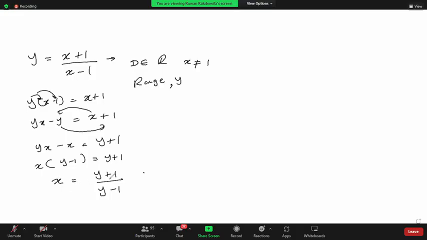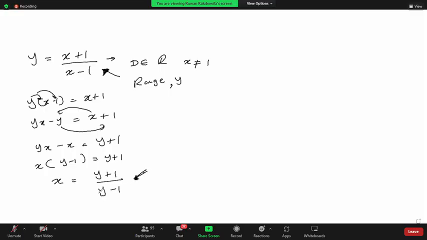Right. So we can do something special here. If someone asks the range of y for this function, instead of answering directly, here we can see we use the same function in a different view.